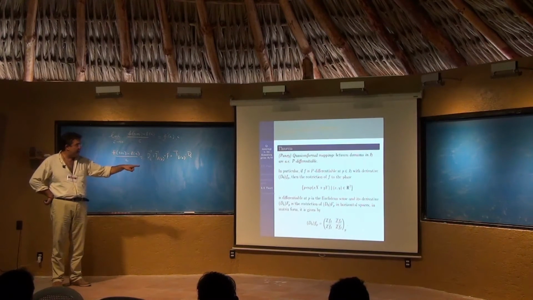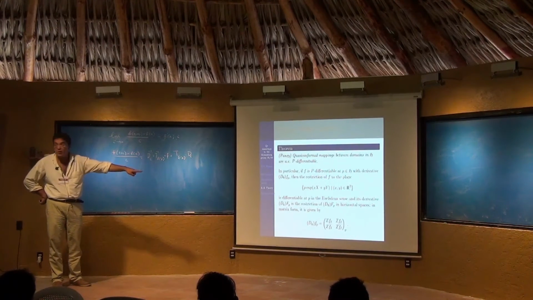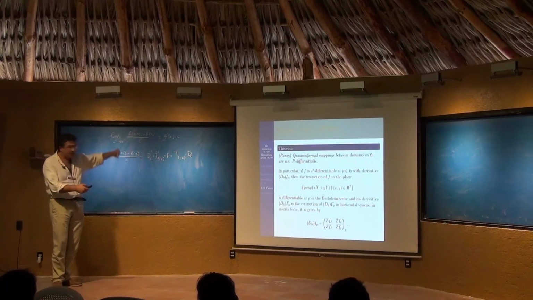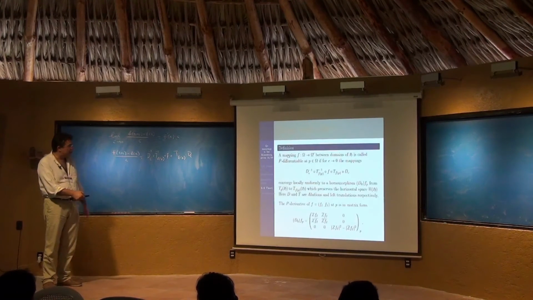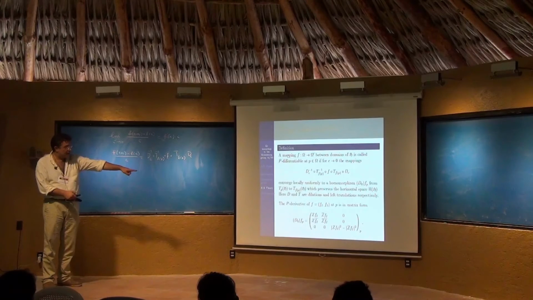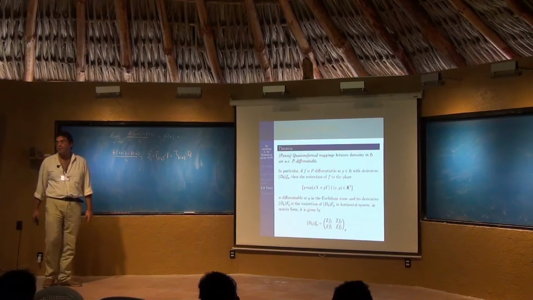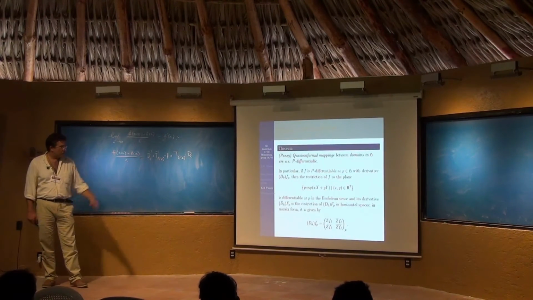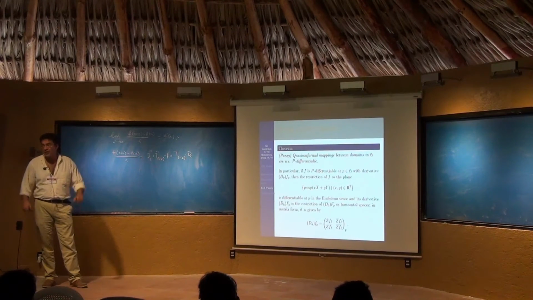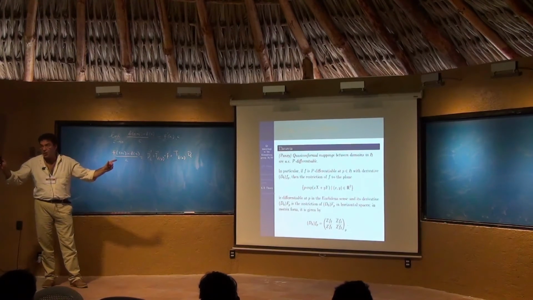Its derivative is the restriction of D_0 to horizontal spaces. In matrix form, it is given by this one, which is the upper corner of that previous mapping. See that? It's the upper corner. So there is the Pansu derivative seen only in horizontal planes.